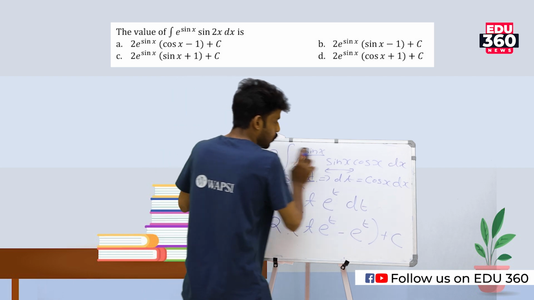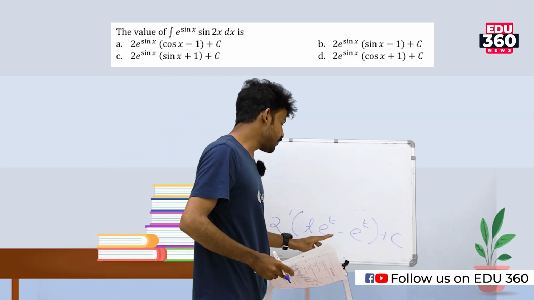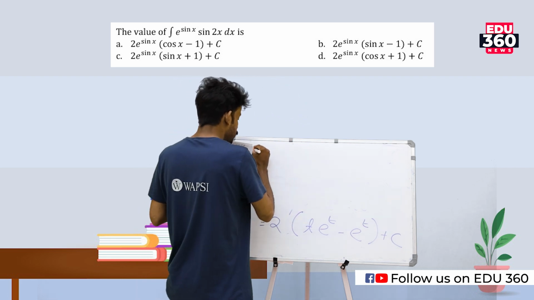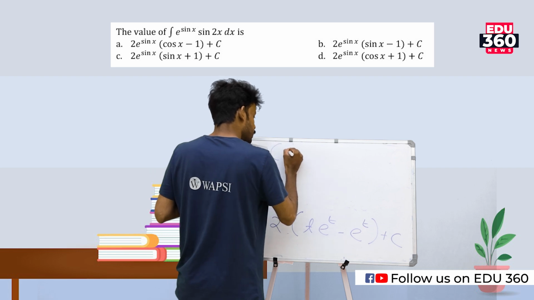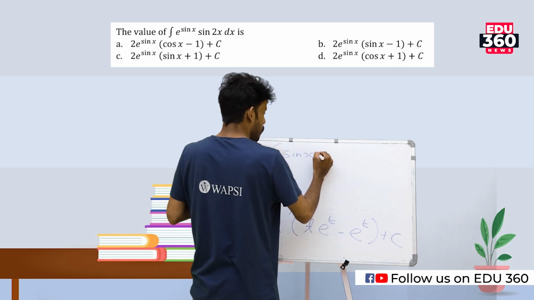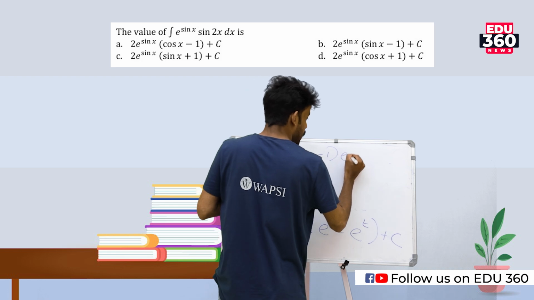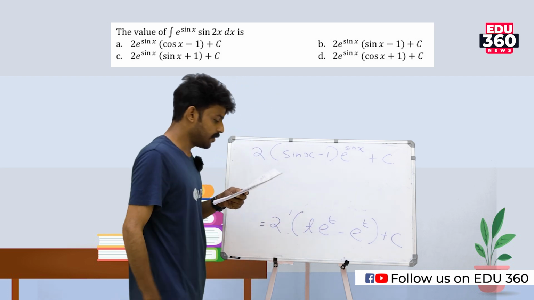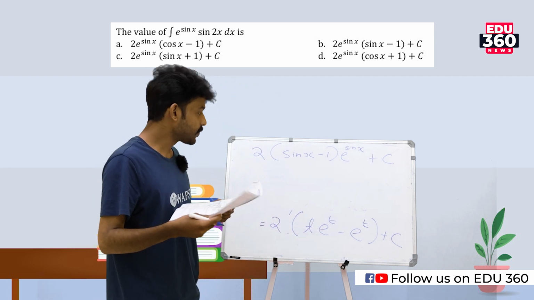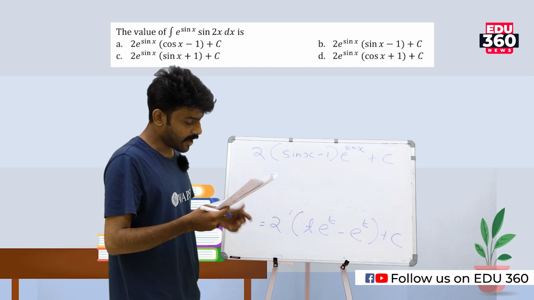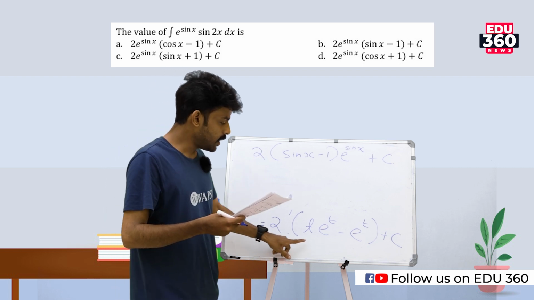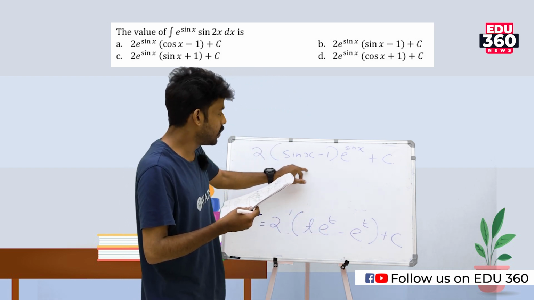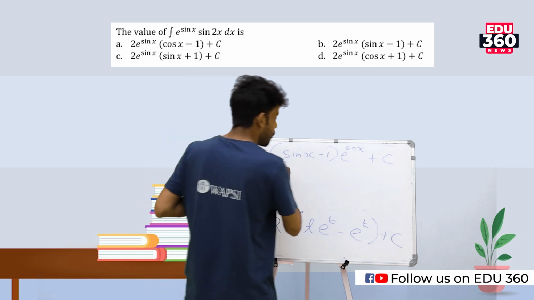So that is equal to 2 into t e raised to t minus e raised to t plus c, that is equal to 2 into sine x minus 1 into e raised to sine x plus c. So this is the final answer.